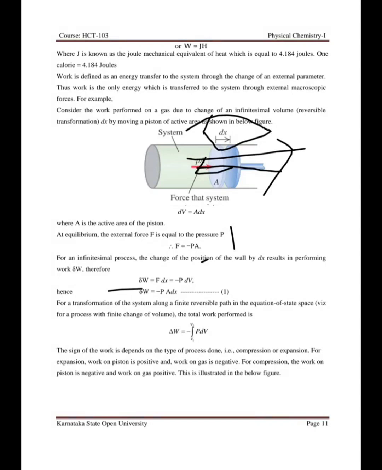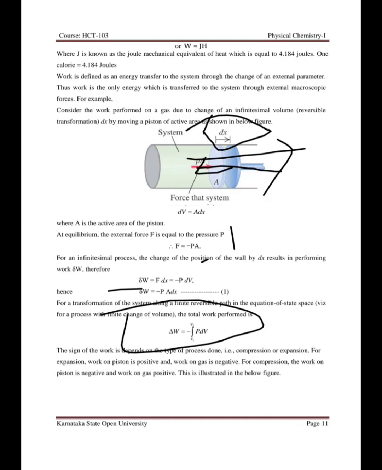So here delta W is equal to F dx, which is minus P dV, and the total work performed can be denoted by W is equal to the integral from V1 to V2 of P with respect to volume.